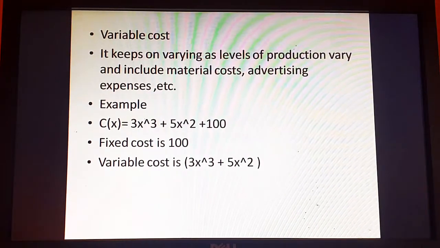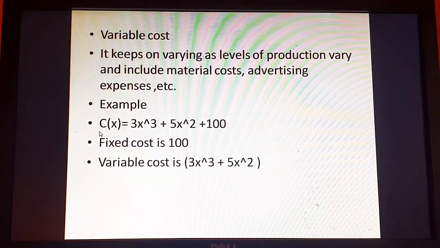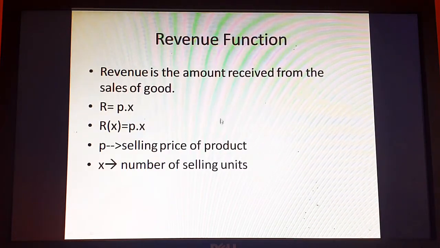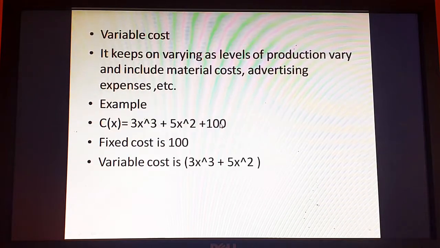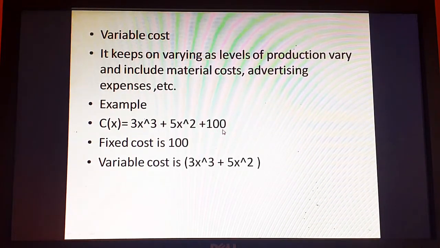For example, if the total cost C of x is 3x cube plus 5x square plus 100, this 100 is a constant term, whereas 3x cube plus 5x square is the variable cost.